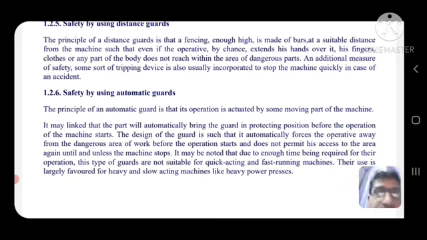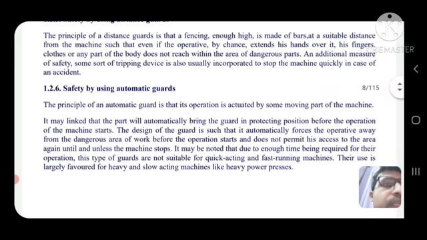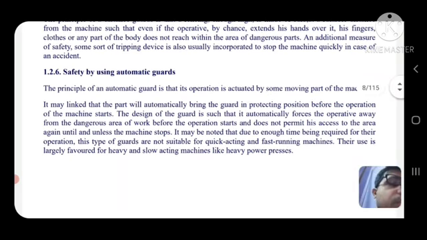As an additional measure of safety, some sort of tripping device is also usually incorporated to stop the machine quickly in case of an accident.